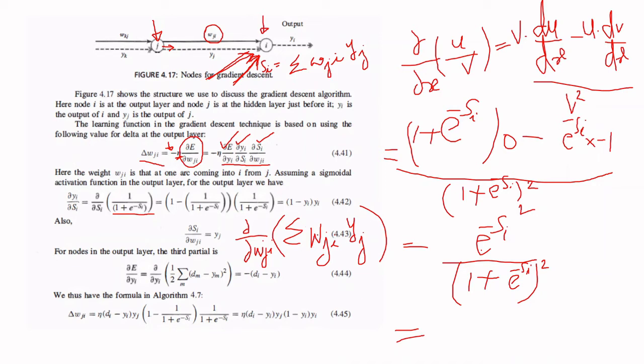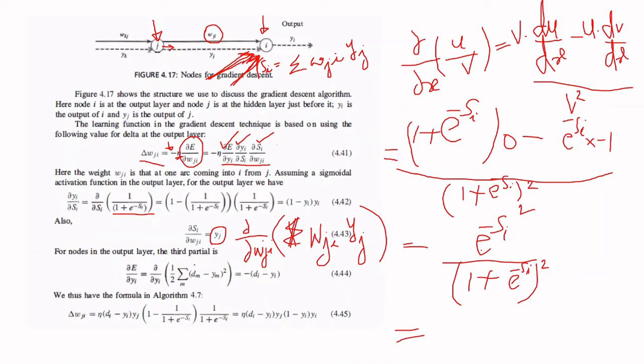Only this particular weight is varying with respect to this function. Other weights can be considered as constant with respect to w_ji. So we do not consider the remaining weights, only this is considered. So ∂/∂w_ji of this will be y_j. That is what we get.